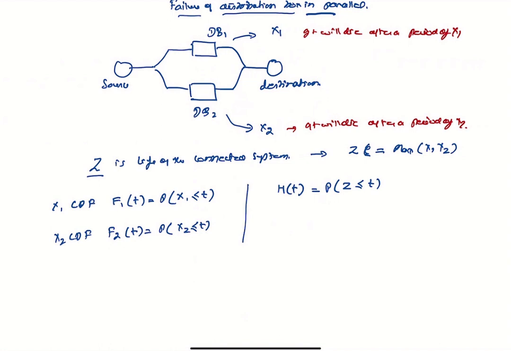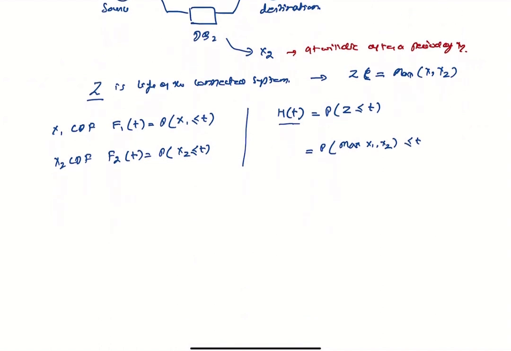So the probability of Z less than or equal to t is the CDF of the connected system. Now, as we said, Z is the max of x1 and x2, so this is just going to be the probability of max of x1, x2 less than or equal to t, because that's what Z is.